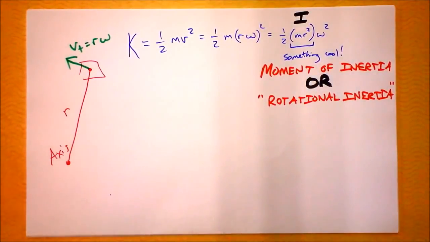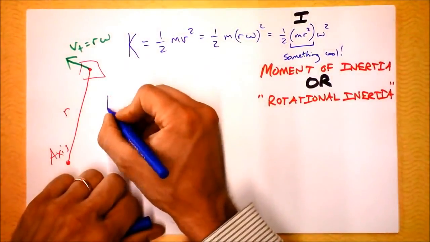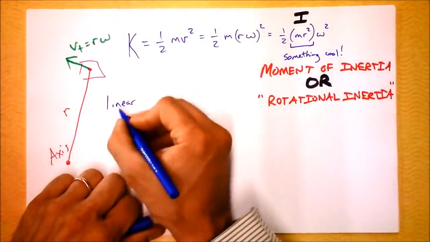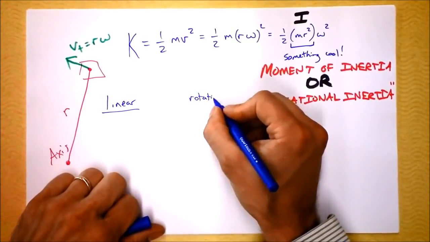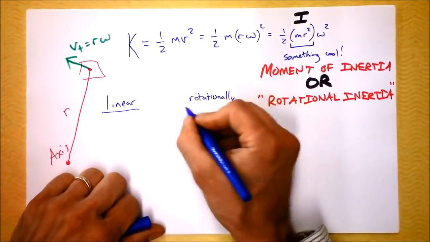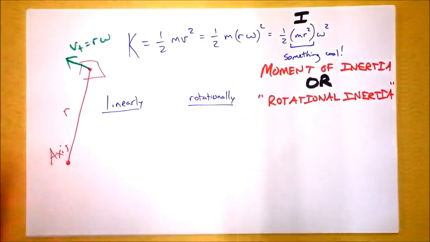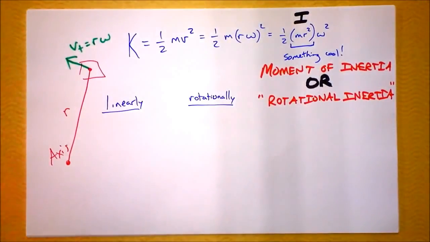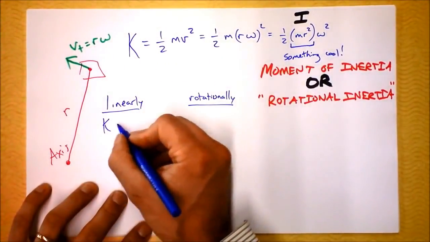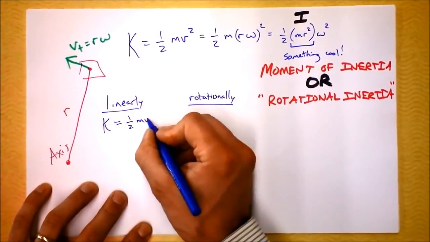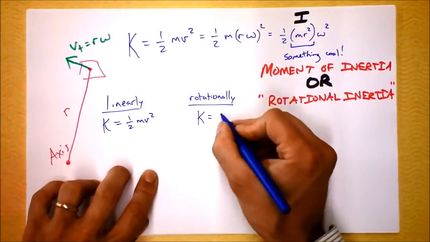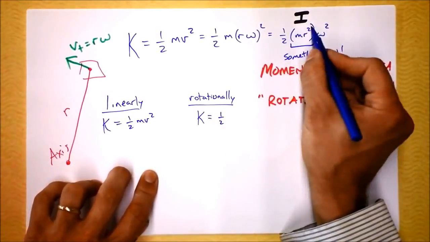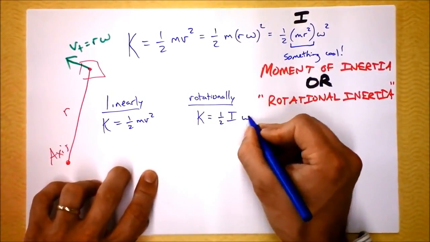Now I want you to look at these two equations. We can say that linearly and rotationally, we can compare these two kinetic energy equations. You've got K equals 1/2 mv squared, and over here you've got K equals 1/2 I times omega squared.